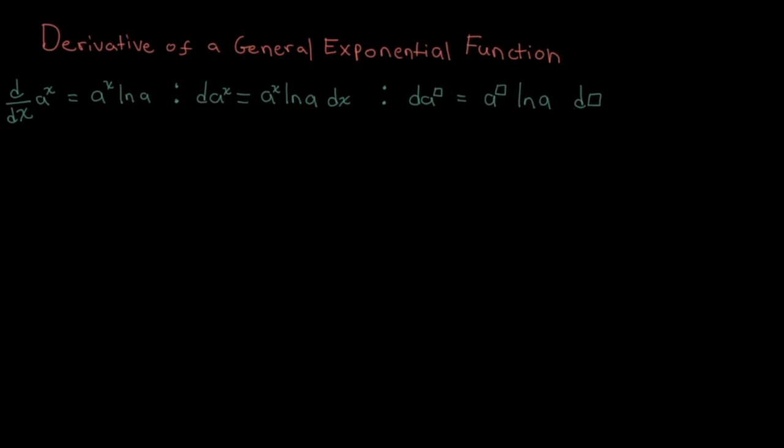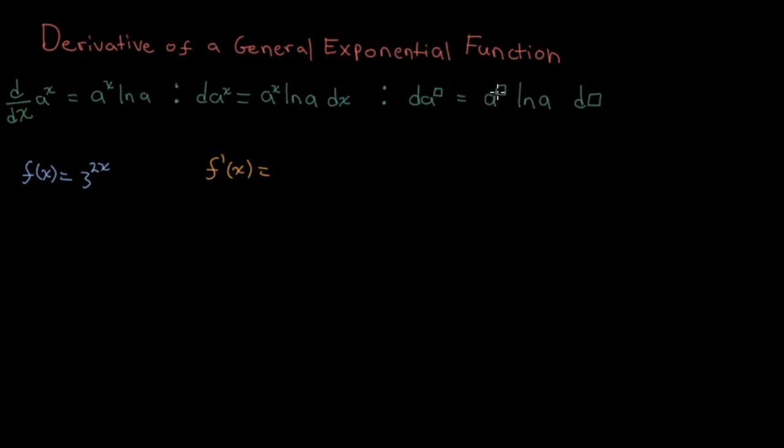To demonstrate that, let's do an example. Suppose we're given a function f of x equal to 3 to the power of 2x, and we're asked to find the derivative of that. Well, the derivative f prime of x is just going to follow this format here.